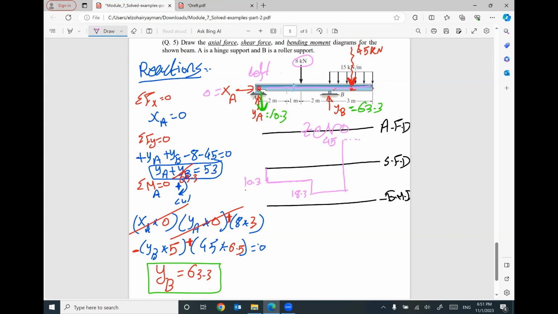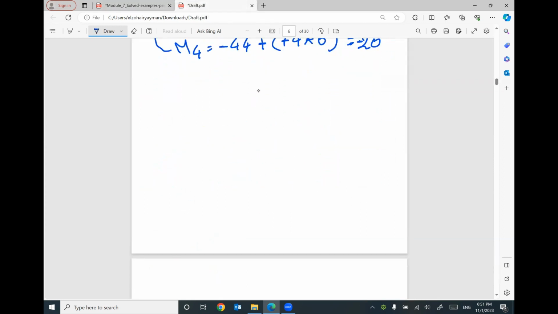You are going down 45, so I will move down 45 until reaching 0. And then I will move dotted to the end of the beam. At the beginning of the distributed load, which is 45, and at the end of the distributed load, which is 0, I'm going to draw a solid line. So this is the protocol if you have a uniform distributed load. If you have a uniform distributed load, it looks like this.